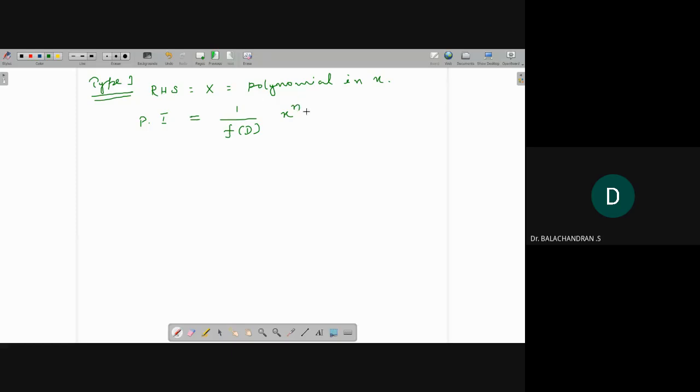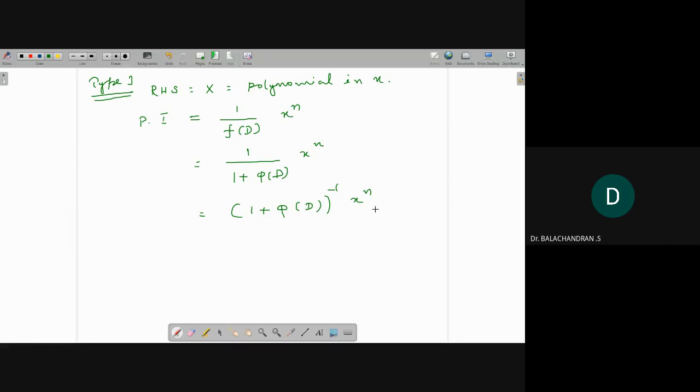For example, if it is x power n, then you should write the denominator in the form of either 1 plus or 1 minus phi of D, into x power n. Then you should write this as 1 plus phi of D whole power minus 1 into x power n, and then using the binomial theorem, you should expand this and then operate on x power n.